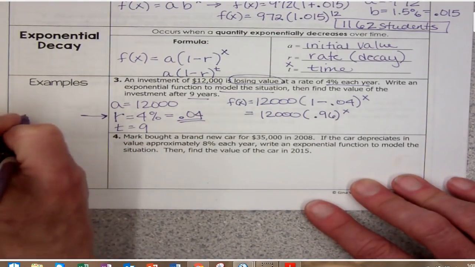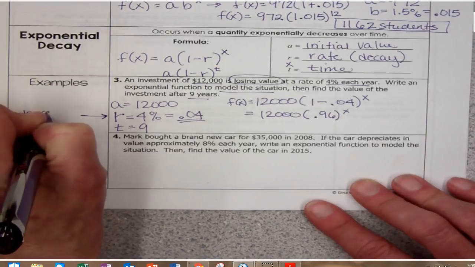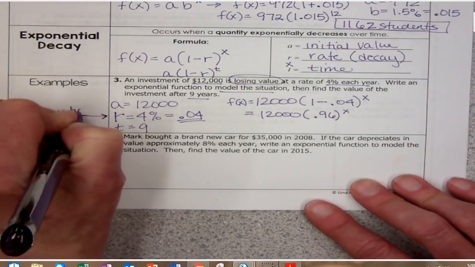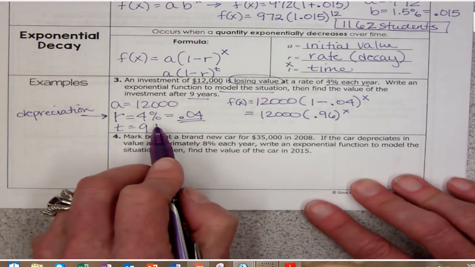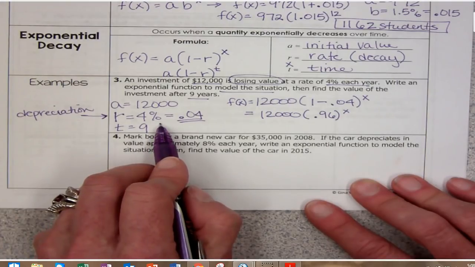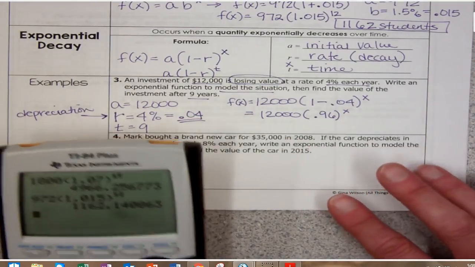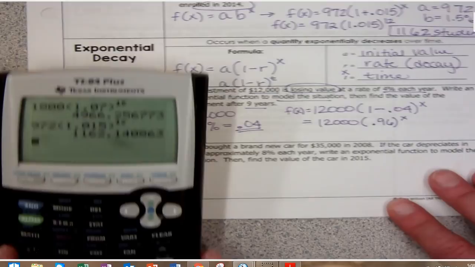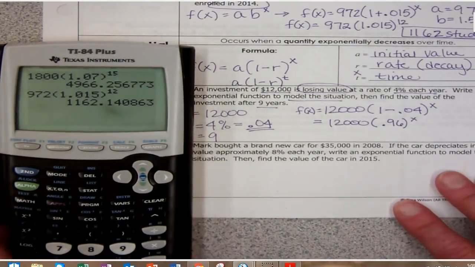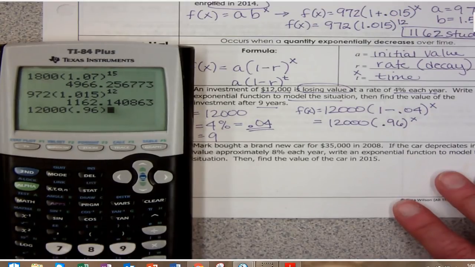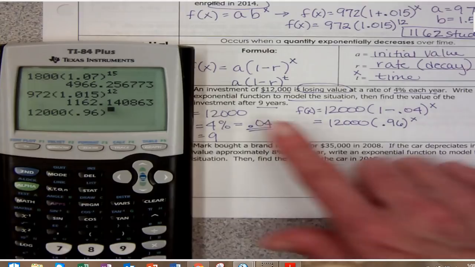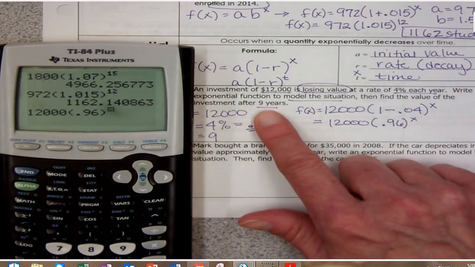Your depreciation rate is this. Make sure you don't confuse the two. Then when you plug this into your calculator, you're going to get 12,000 times 0.96 raised to the x, where x is 9.